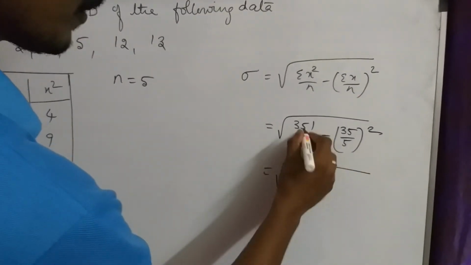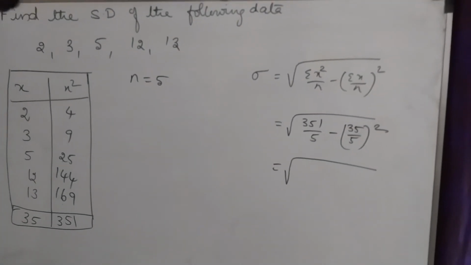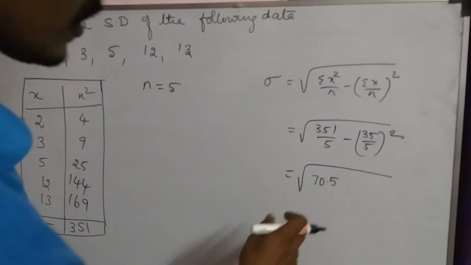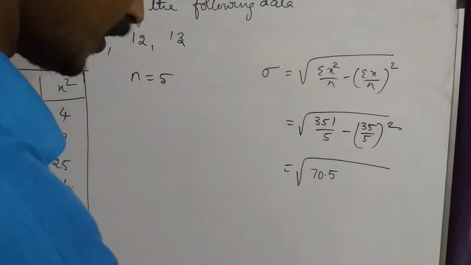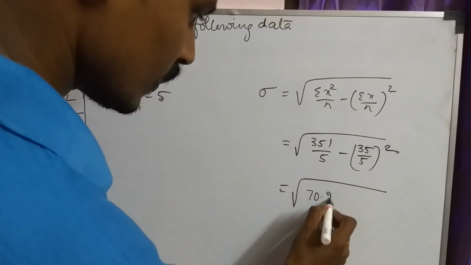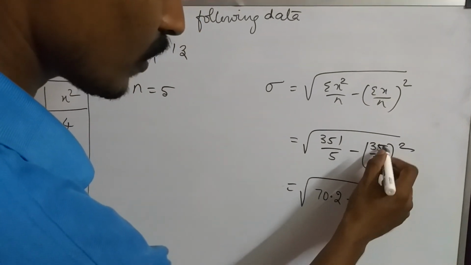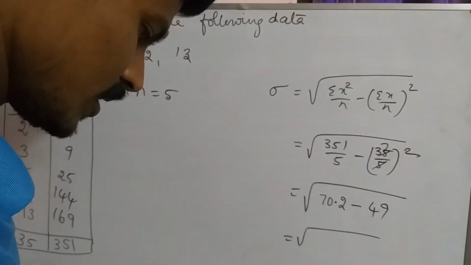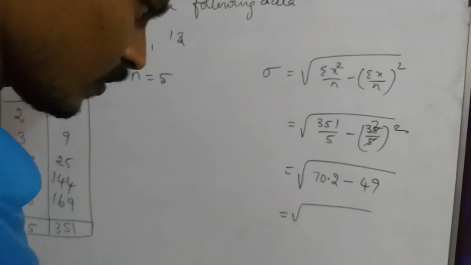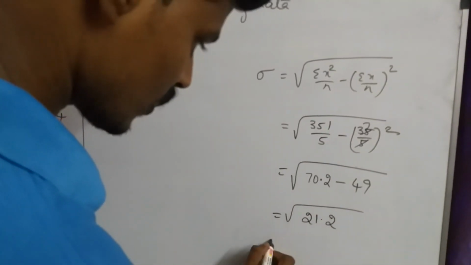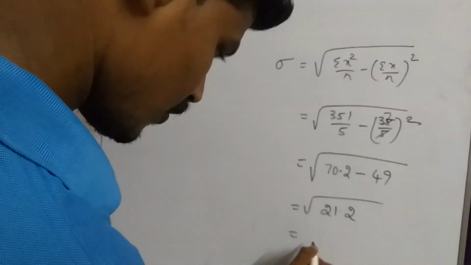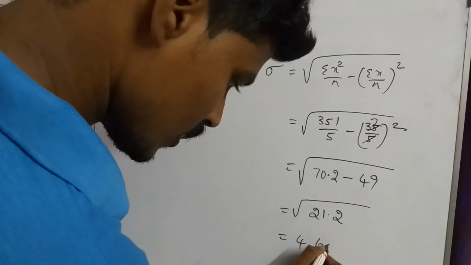Now 351 divided by 5 is 70.2, sorry, 70.2, minus 7 squared, which is 49. So 70.2 minus 49 gives 21.2. Now the square root of 21.2 is 4.6043.